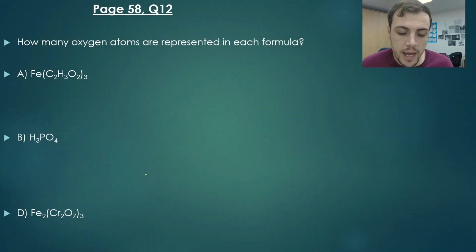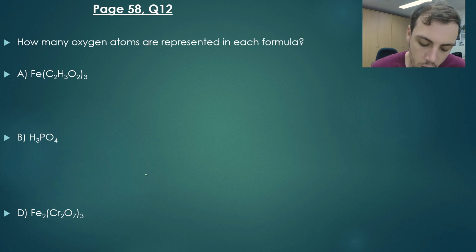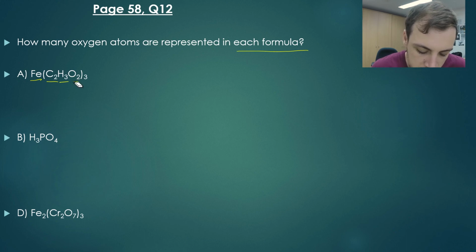So let's start on page 58, question 12. The question is asking how many oxygen atoms are represented in each of these formulas. So we've got Fe, which is iron, we have carbon, hydrogen, and oxygen. The first thing we need to do is pay attention to our brackets and our subscripts.